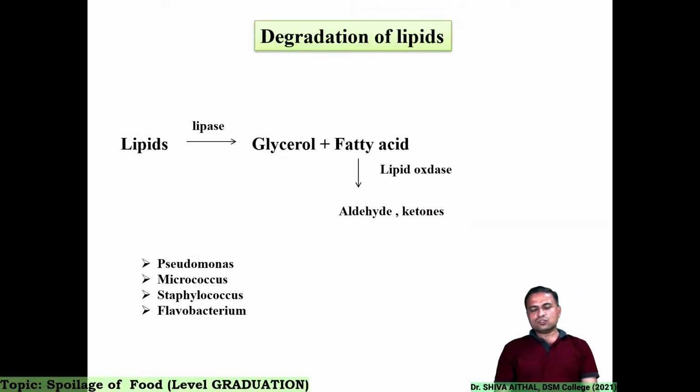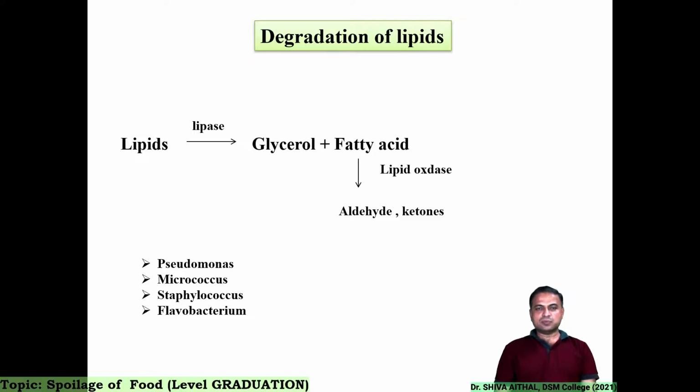Now one of the most common reactions by the microorganisms responsible for the degradation or spoilage of food is degradation of lipids. Lipids are acted upon by the enzyme lipase. Lipase converts lipids into glycerol and fatty acids. Fatty acids are further converted into aldehydes and ketones, and this gives rise to a very off flavor or smell, and the food can be rejected by the consumer.